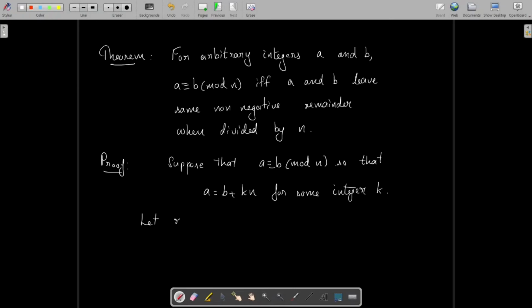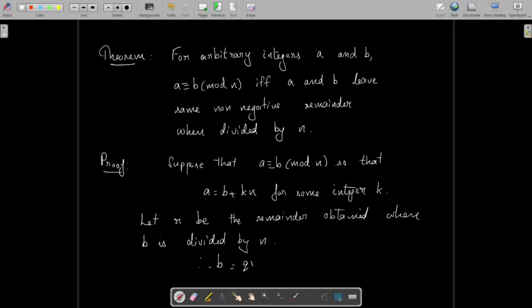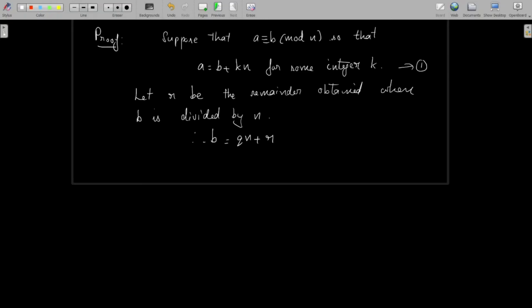Now let r be the remainder obtained when the integer b is divided by n, so that we may write b is equal to a multiple of n, qn, plus r. Now from equation 1 we may write a equal to b plus kn. Just substitute for b, we have qn plus r plus k into n. So that's equal to, combining the terms with n, q plus k into n plus r.